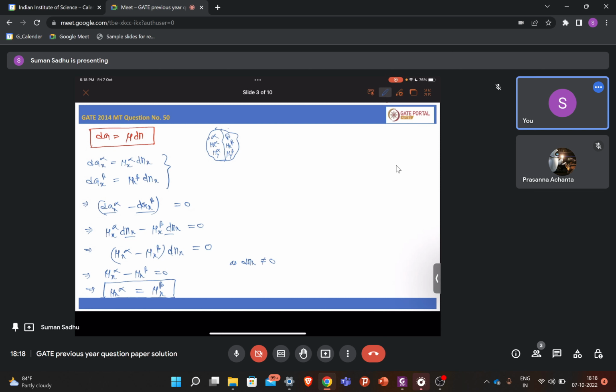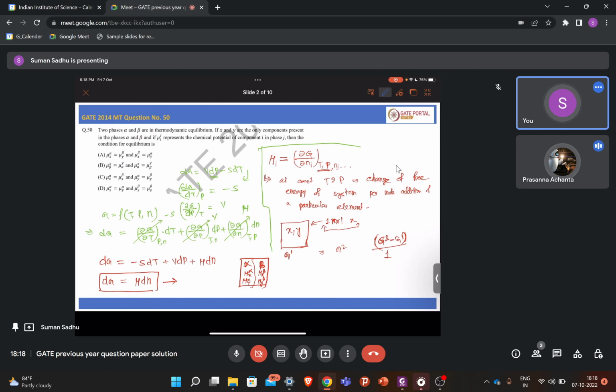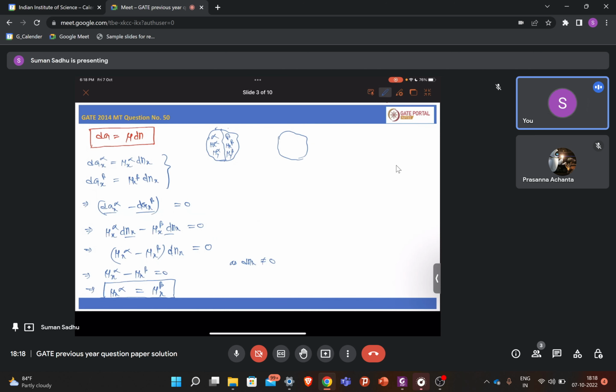Is it clear up to this? Yes, sir. Sir, but you wrote dn x is not equal to 0. Yeah, dn x not equal to 0 means this is a binary system, right? It is mentioned that x and y are the only components present. So let's say this is our system. In this system, x and y are present, and dn x is the number of moles of element x. If dn x is 0, that means only y is present, right?